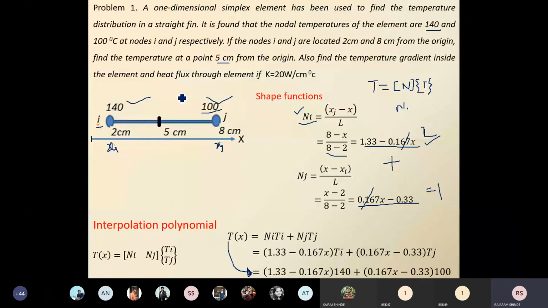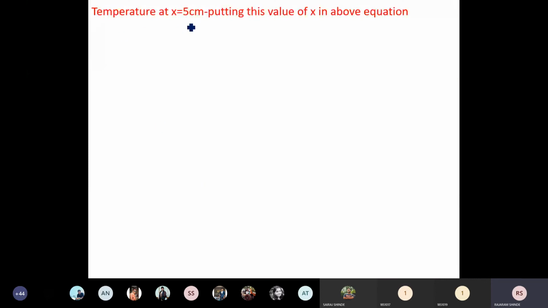Means for 5 centimeter you use x is equal to 5 in this equation and calculate the temperature at that location. This will give the temperature at x is equal to 5.